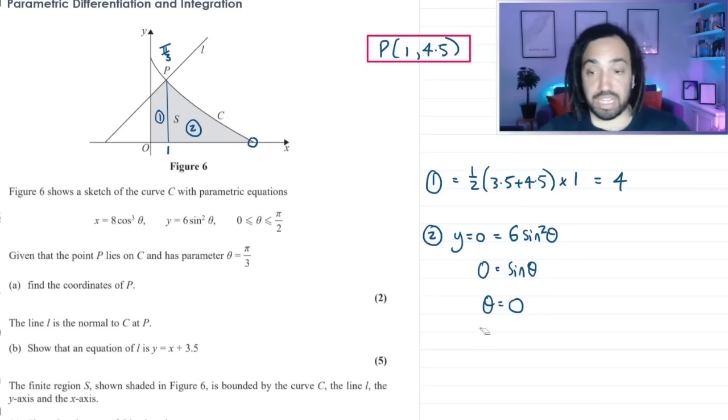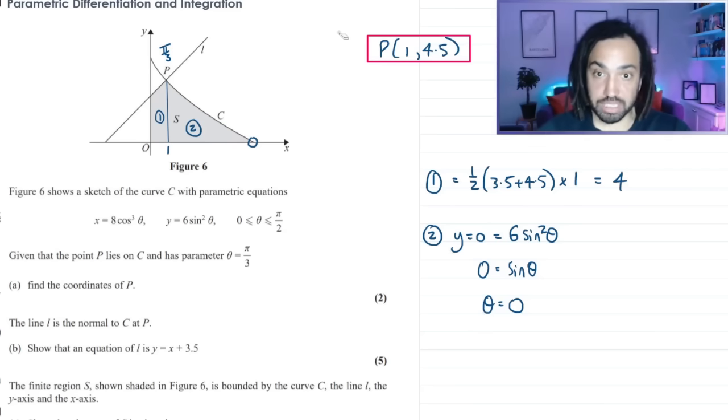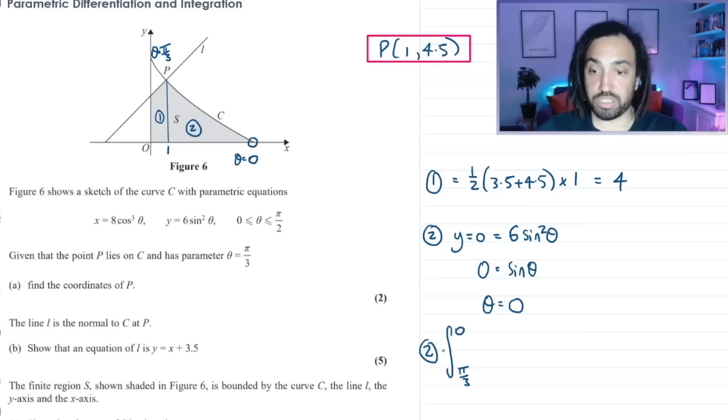So we know that is going to be the upper limit, which is very crucial. It's not the lower limit, it is the upper limit when theta is equal to 0, and the lower limit is when theta is equal to pi over 3. Okay, so we can start our integral off like that, with the upper limit of 0 and the lower limit of pi over 3. And this is hopefully going to give us region 2.